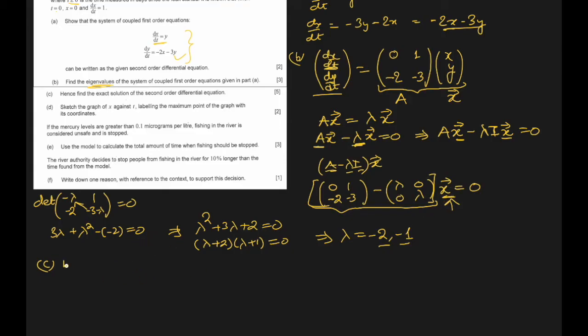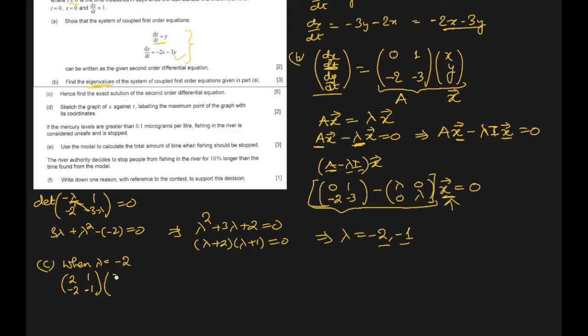When lambda is minus 2, we substitute lambda by minus 2. So minus lambda will be positive 2, 1, negative 2, and negative 3 minus negative 2 will be negative 1.